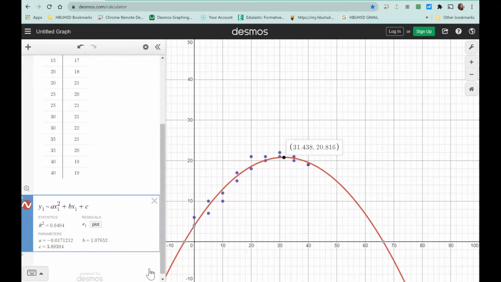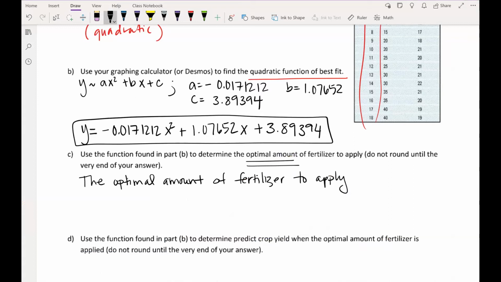Now, as you know already, this is the amount in pounds, right? Because our data was giving us whole numbers, we're going to stick with whole numbers, which is about 31, okay? So amount of fertilizer, let's go back to the notes, is about 31 pounds for 100 feet square. So that's our unit of measurement.